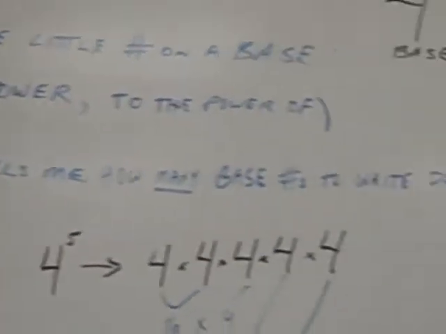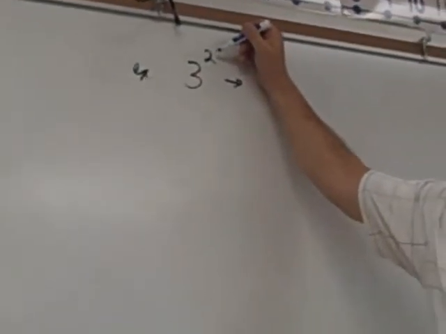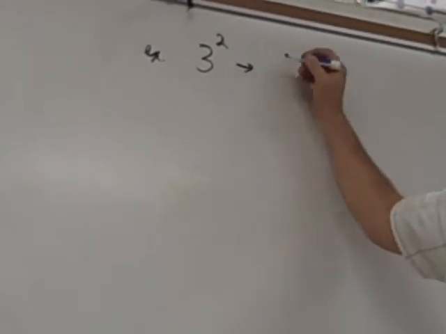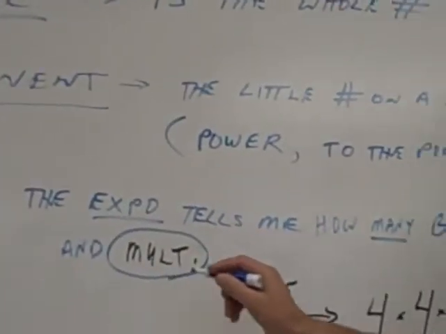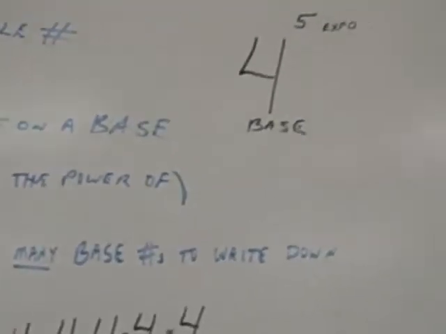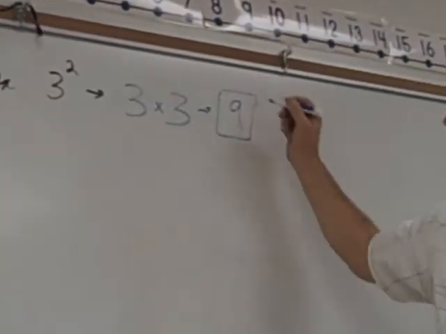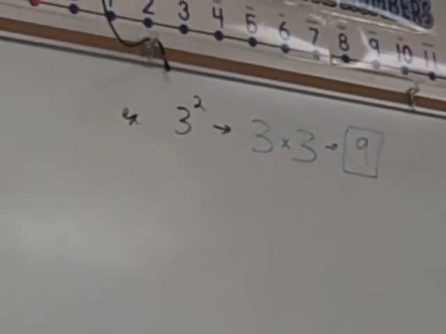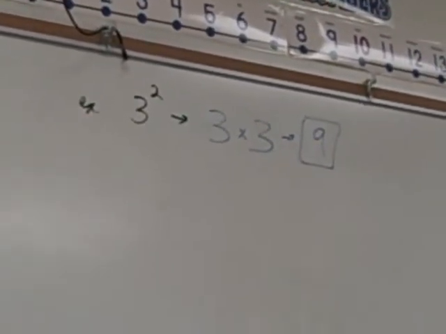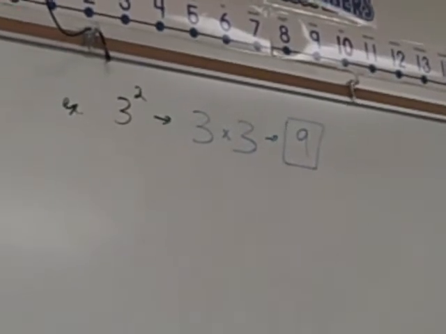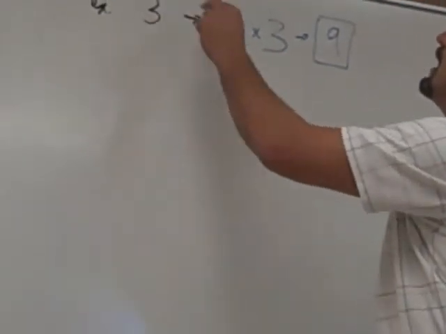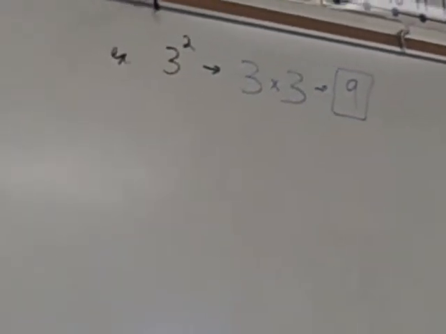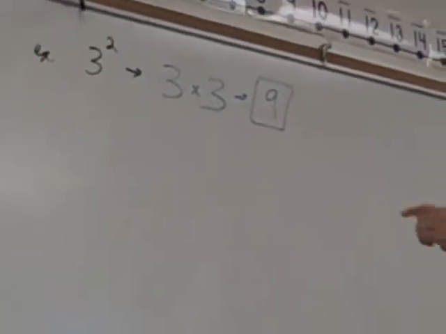My exponent is 2, so I'm supposed to write down how many 3's? 2 3's, and I'm supposed to multiply them. 3 times 3? 9. Students every year tell me the answer is 6. You do not multiply the base times the exponent. We write down 2 3's and then multiply them.